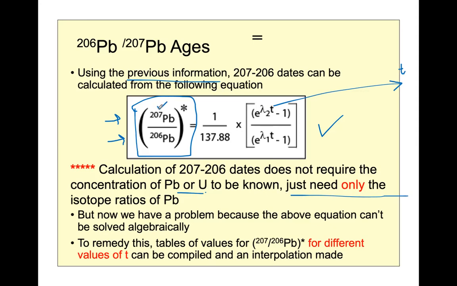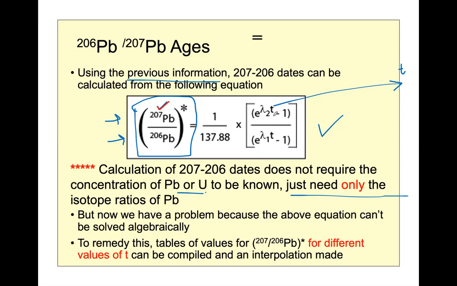So this is very, very convenient and very useful, because in our previous cases, we wanted to have other ratios, even the samarium neodymium ratio also. Remember, we needed to know that to come up with the T, right?